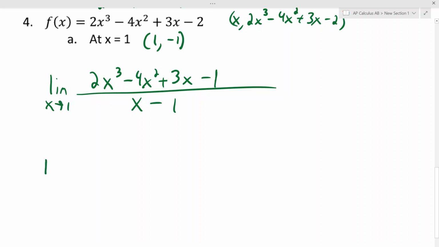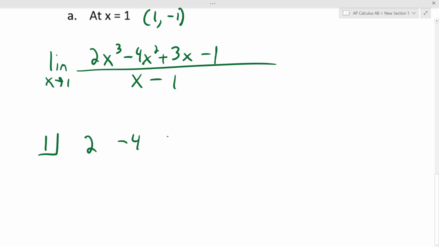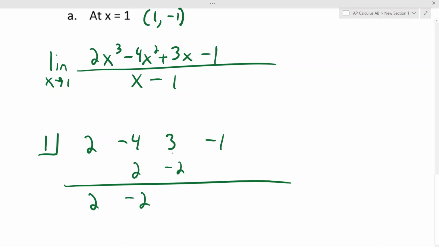So to do that, we need synthetic division. So I put the 1 in the box, because I know that has to factor out. The x minus 1 has to factor out. So we bring down the 2, 2 times 1 is 2, -2 plus 2... add those up, 1 times 1 is 1. Add those up, 0.